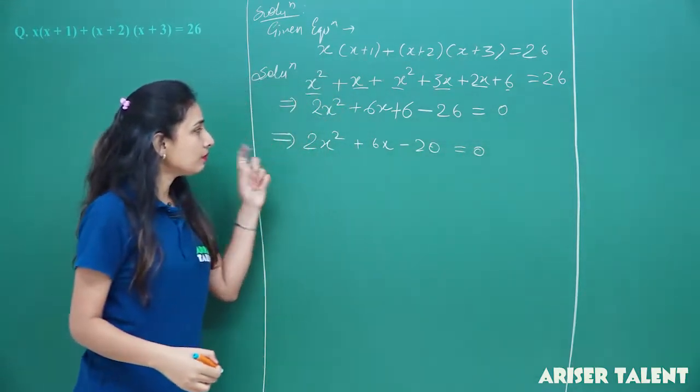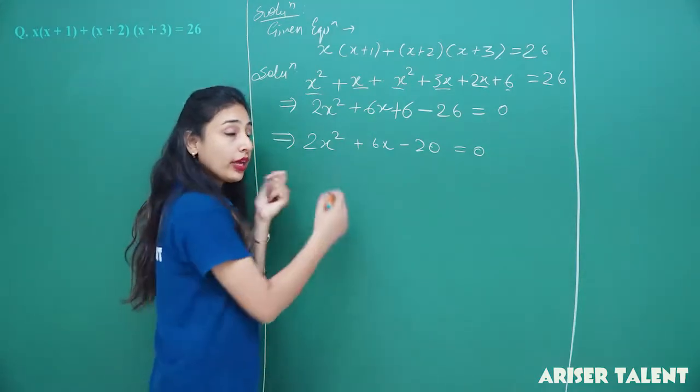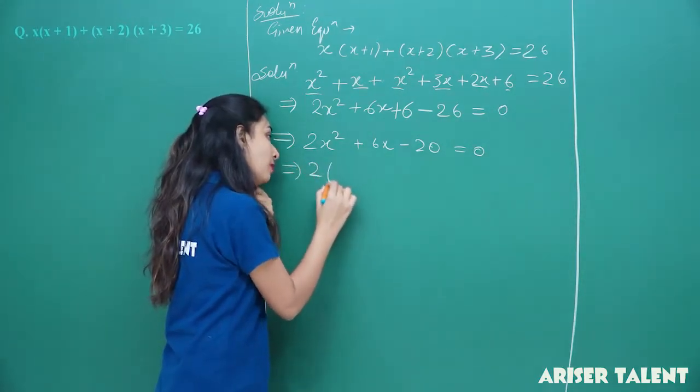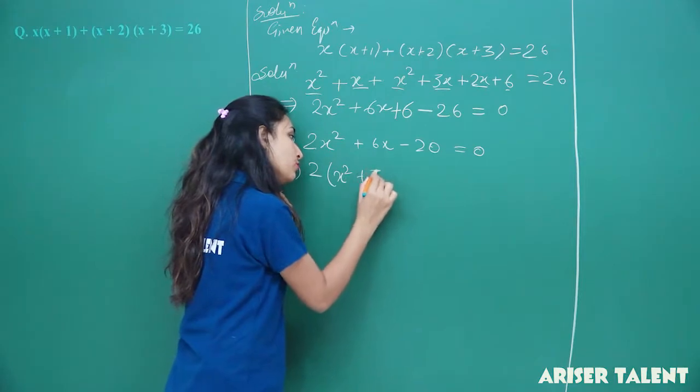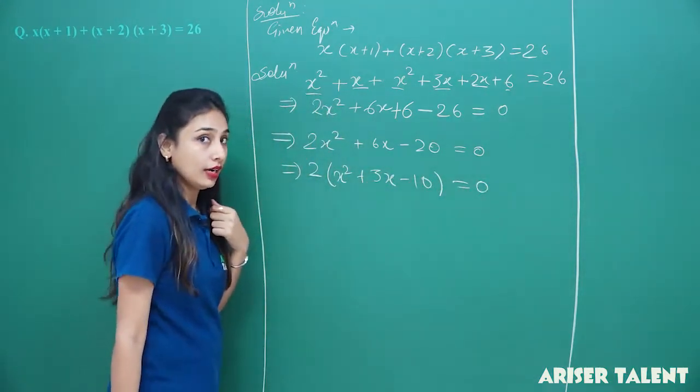Now can you smell something here? 2, right? So can I take this 2 common: x square plus 3x minus 10 equals 0.